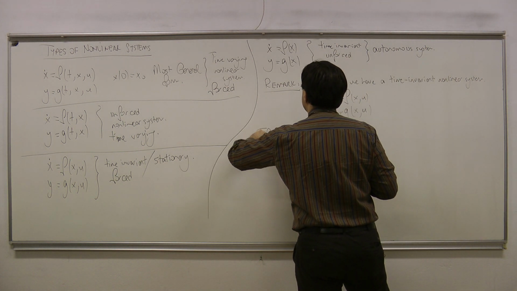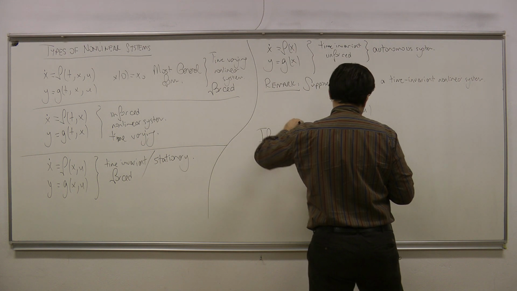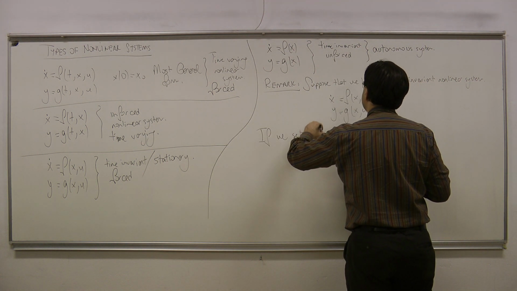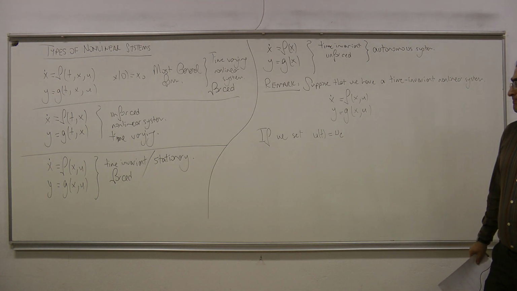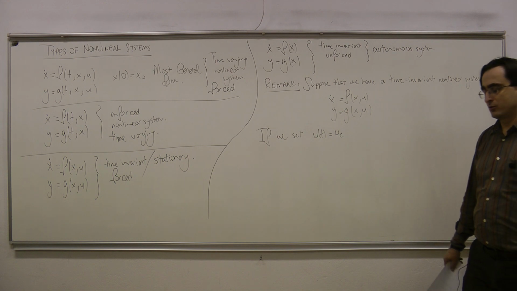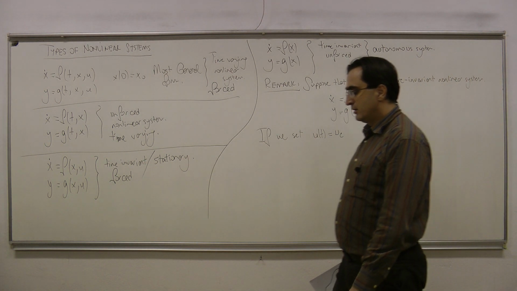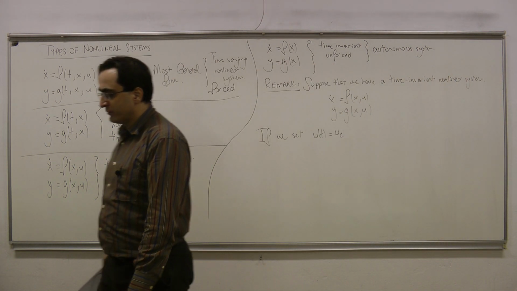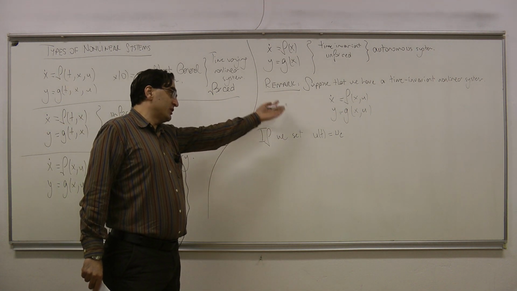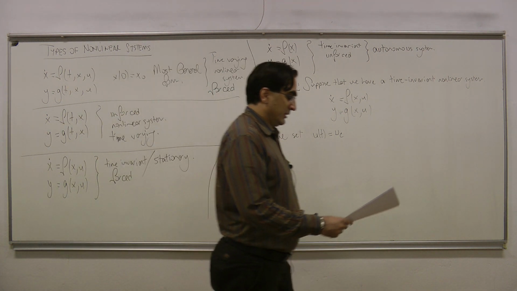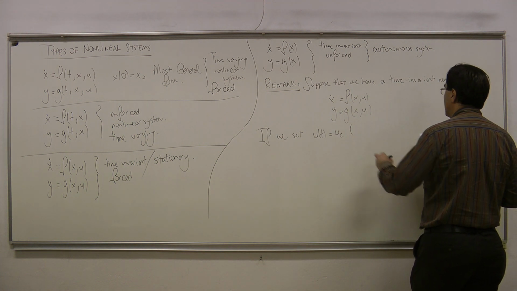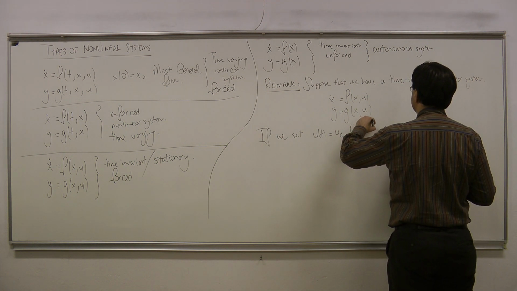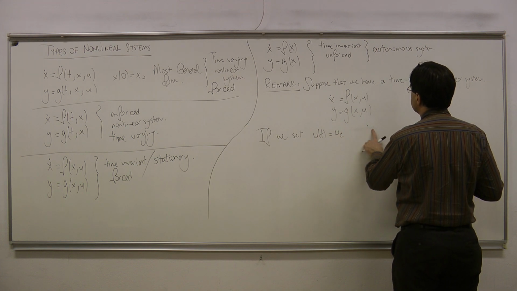If we set u of t is equal to u_e, this notation u sub e is going to get a meaning in the next part of the course. It's going to be u equilibrium actually, but we are not ready for calling it like this yet. So this is constant input. So this is for all t.